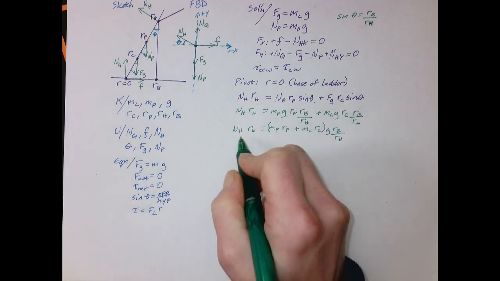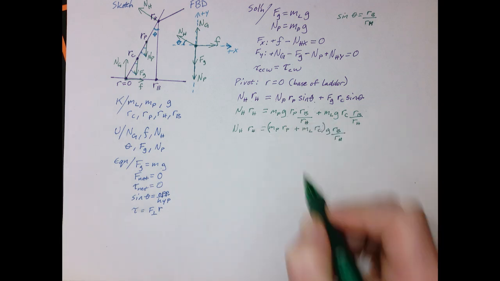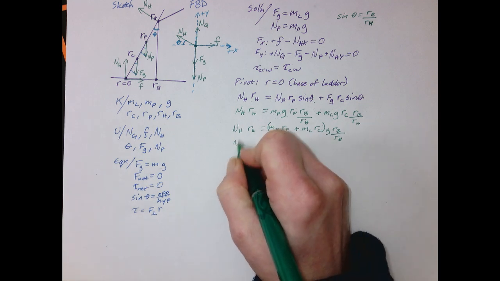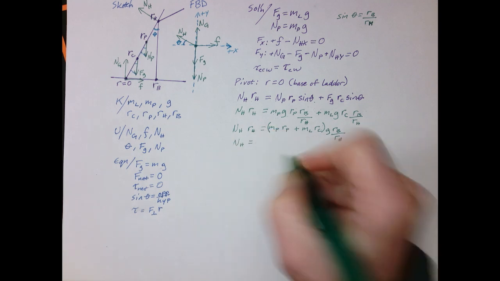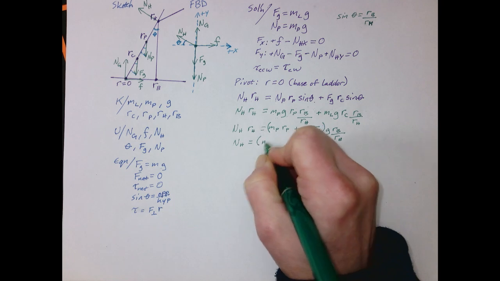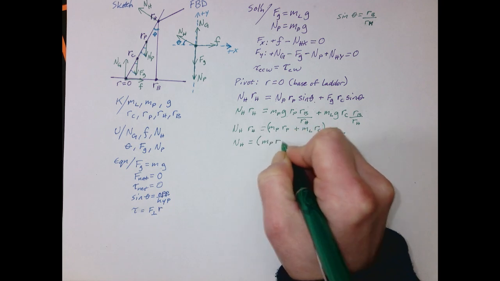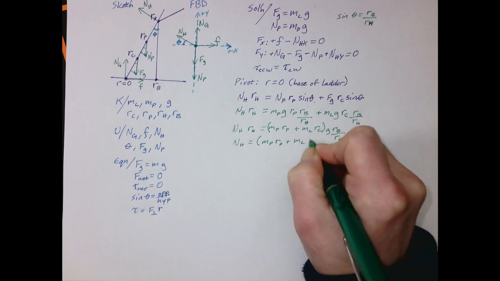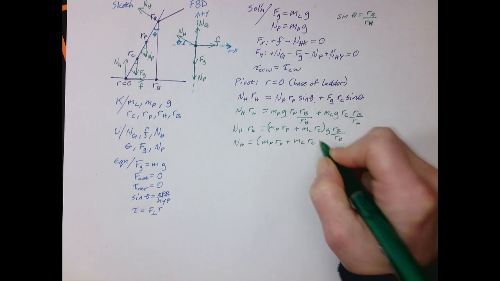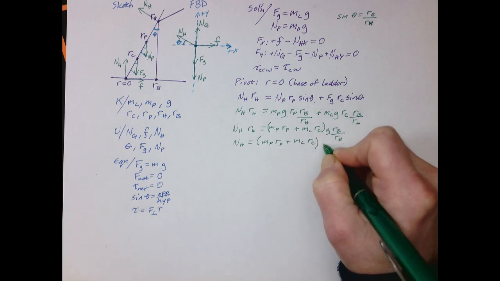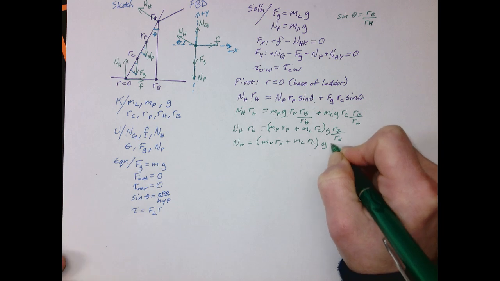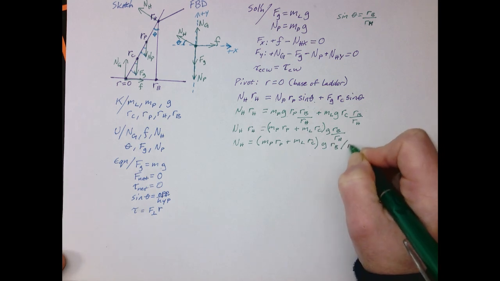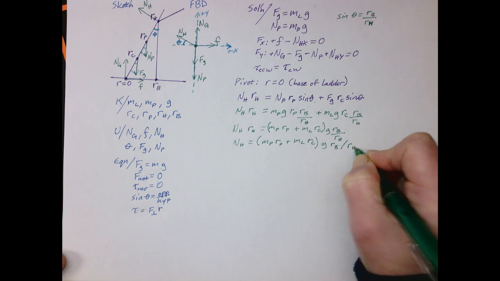Now we can solve for n sub h by dividing both sides of the equation by r sub h. So n sub h equals m sub p, r sub p, plus m sub l, r sub c, times g, r sub b, divided by r sub h squared.